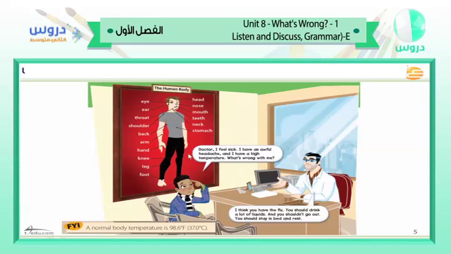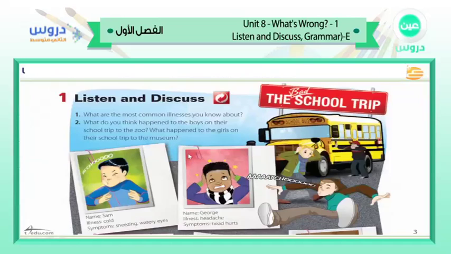Very nice. Excellent. So in this way, we saw the students, the name of each one, the illness he has, and the symptoms. When we say symptoms, it means the things that appear to them and make it look like they have the illness. It's a clue, or something related to the illness.